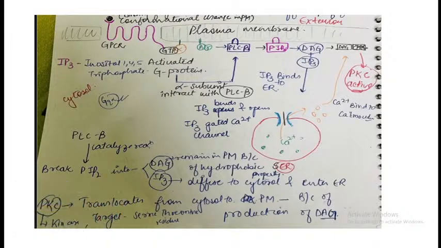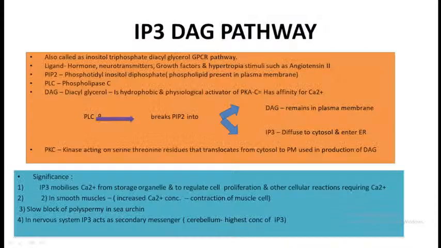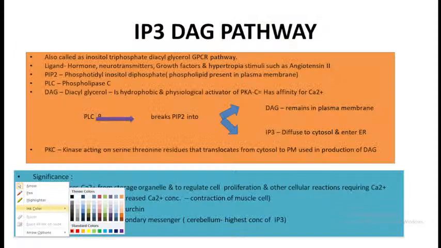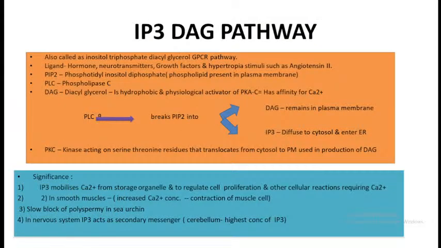Okay, never mind. Let's continue. So we discussed the GPCR and then the complete process. Now look into this particular thing. You have the PIP2, which stands for phosphatidylinositol bisphosphate.